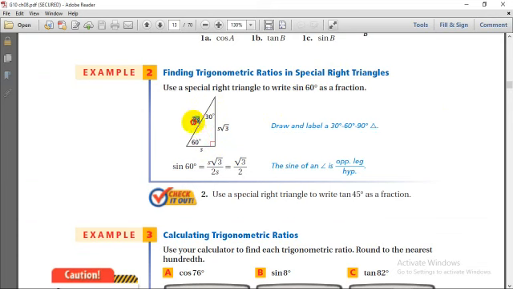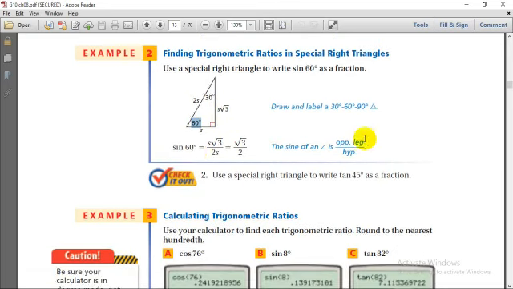The hypotenuse is 2s, and the side opposite to the 30 degree angle is half the hypotenuse. So what's half of 2s? It's s, which is opposite to the 30 degree angle. Now the side opposite to the 60 degree angle is half the hypotenuse times square root 3.